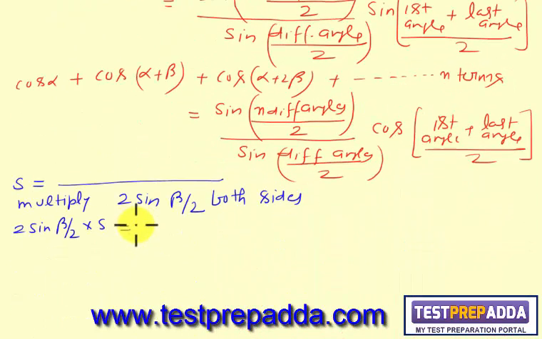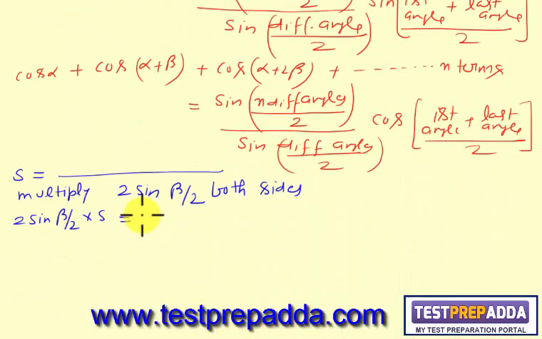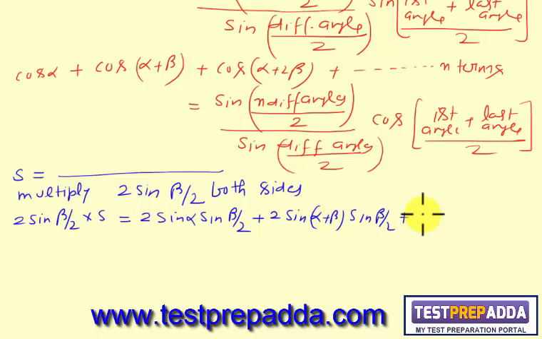if you go and check, it will become 2 sine alpha sine beta by 2 plus 2 sine alpha plus beta into sine beta by 2 plus 2 sine alpha plus 2 beta into sine beta by 2 plus so on, right?